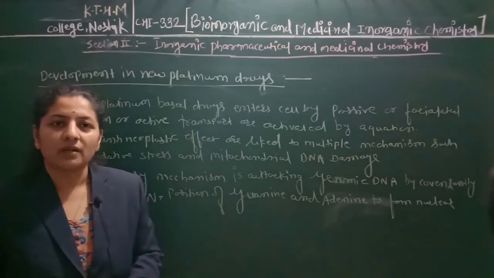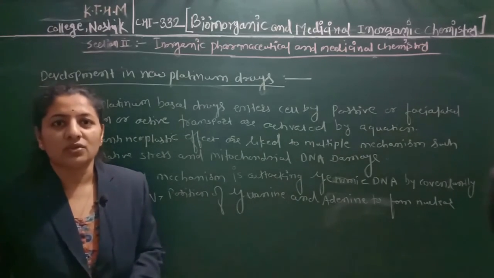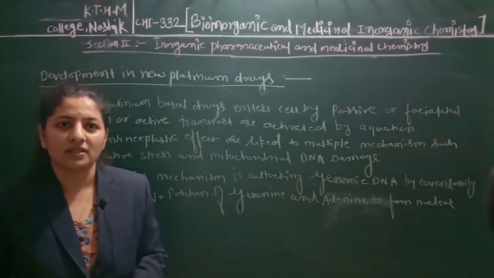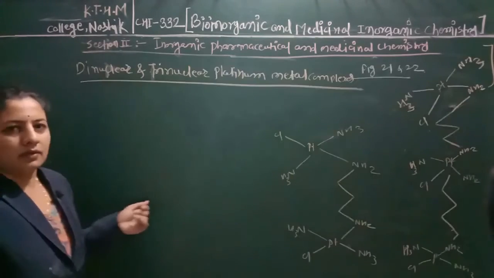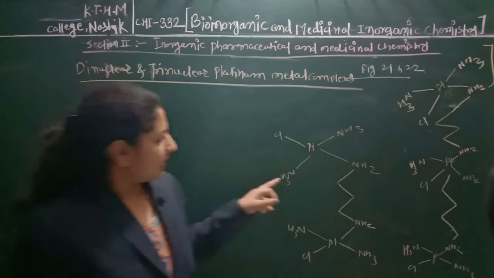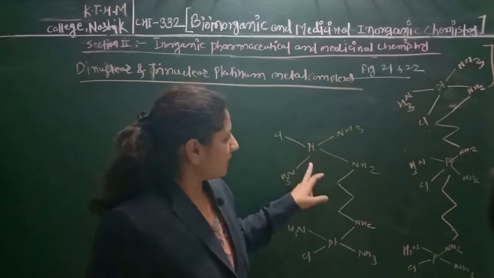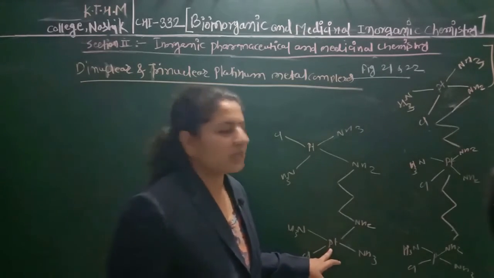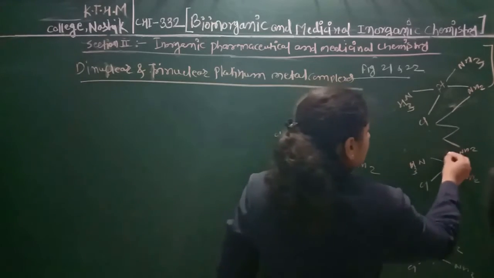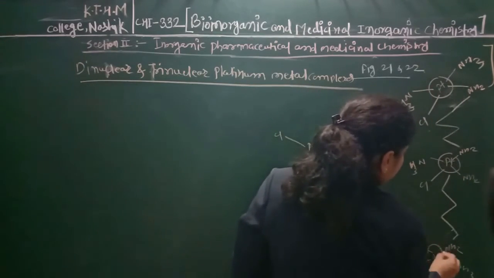There are also some platinum complexes which are di or trinuclear multinuclear complexes, which show variable properties regarding anti-cancer activity. So let's discuss di and trinuclear platinum metal complexes. As you see in the figure, this is a dinuclear platinum metal complex, whereas in the next figure it is a trinuclear metal complex.